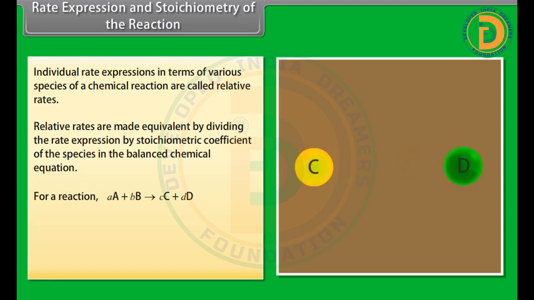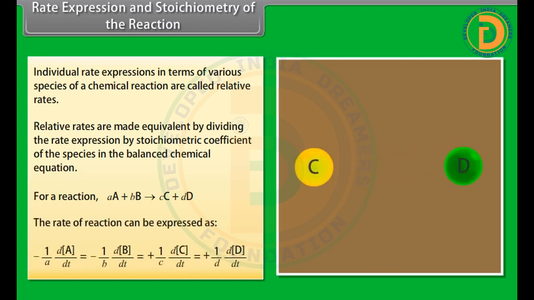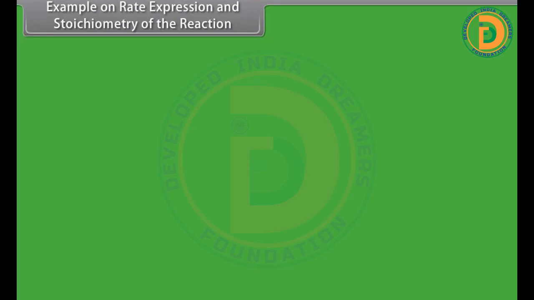For a reaction aA plus bB makes cC plus dD, the rate of a reaction can be expressed as follows.